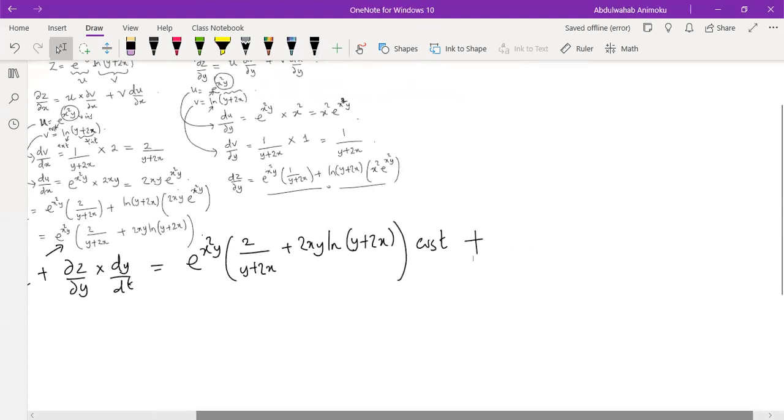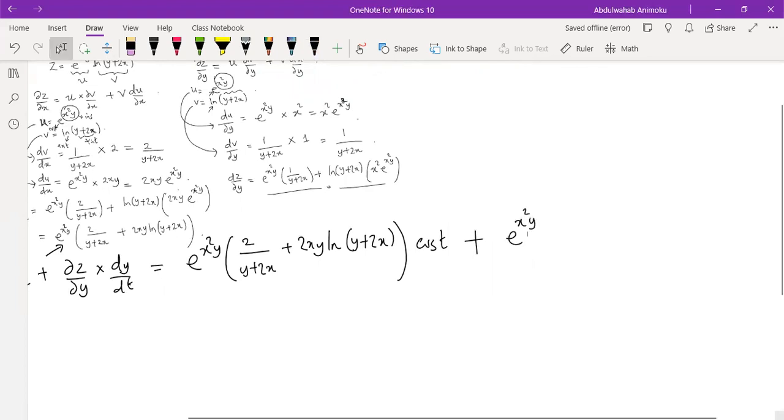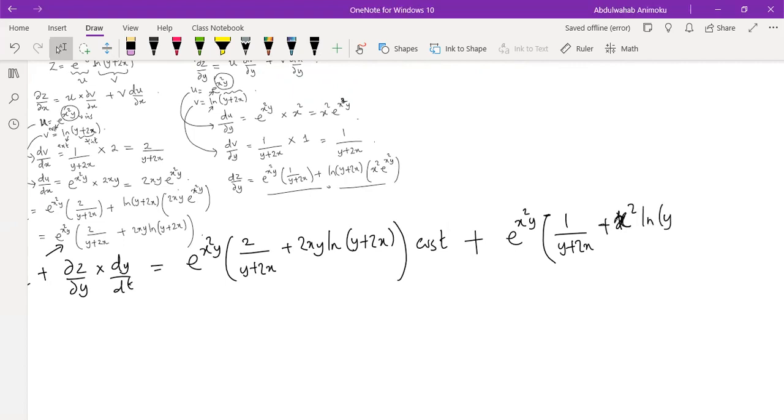Plus what? Del z del y, which is what we got here, which is e raised to power x squared y. Also, we can put this inside a bracket. What is left is 1 over y plus 2x plus x squared ln(y plus 2x).